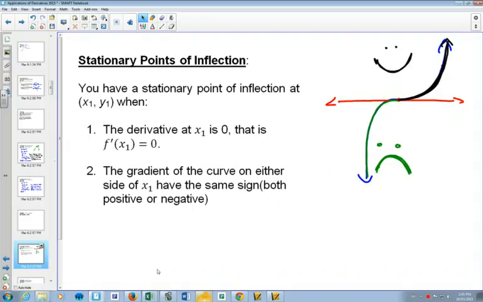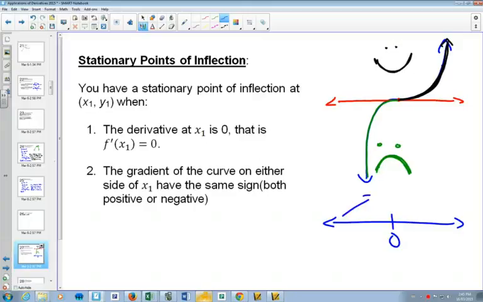So what you have to have for this to happen is, first of all, the derivative has to be 0. That's the way we get a stationary point. And then if we look at the place where we have our stationary point, we notice that when you plug things into your derivative, it's increasing before and increasing afterwards.